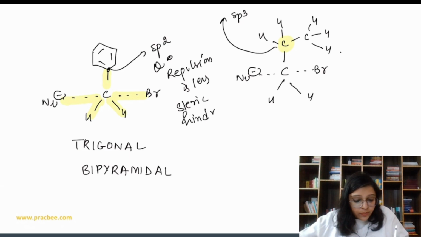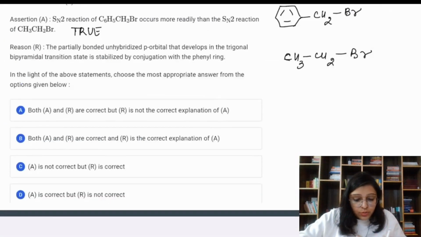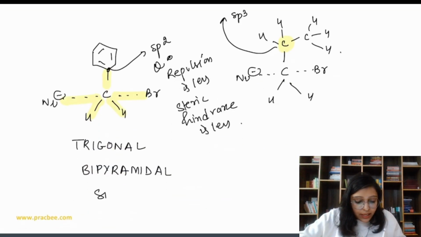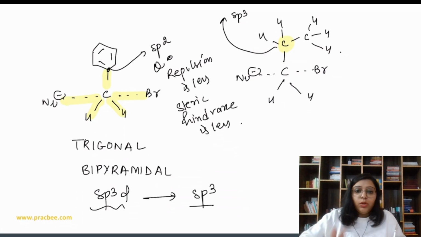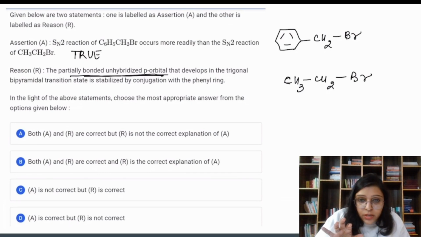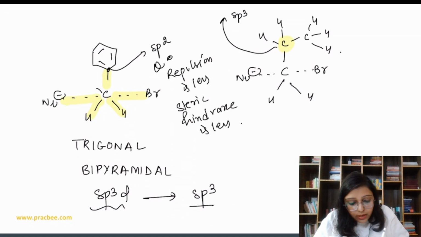The next reason is that we have a partially bonded unhybridized p orbital, because the center is sp3d, but again we are going to convert this into sp3. So the partially bonded unhybridized p orbital that develops over here is stabilized by resonance.